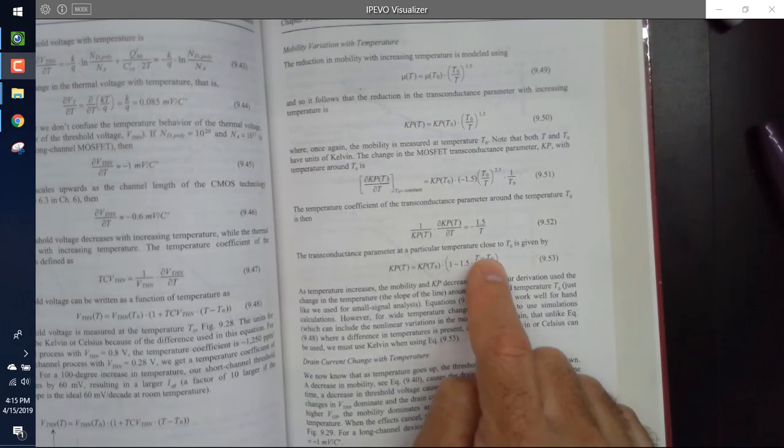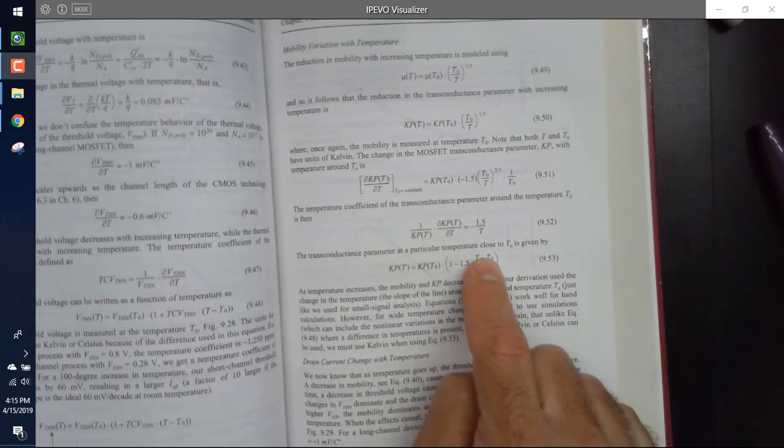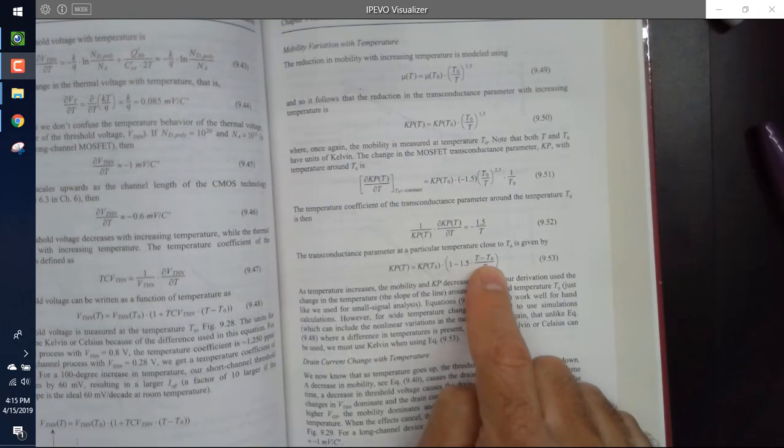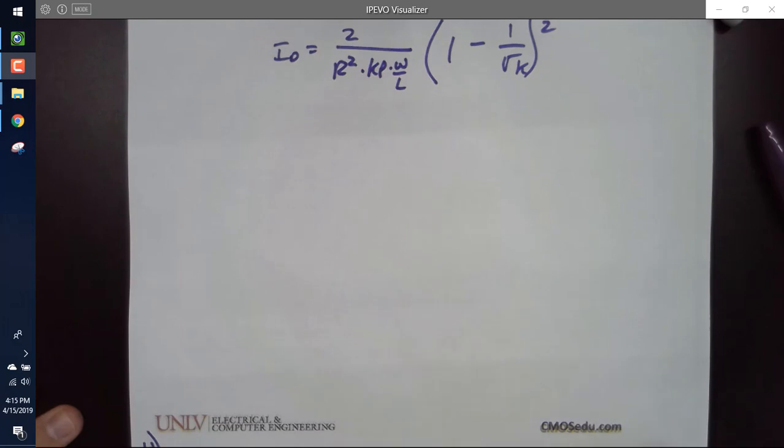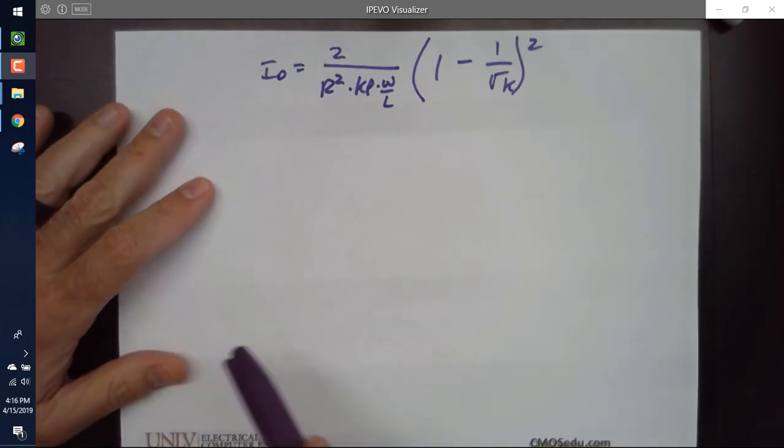In a lot of them, where it's like T minus T0, it doesn't matter if you use Celsius or Kelvin, but here it matters because you only have T. All right. What else changes? The R.